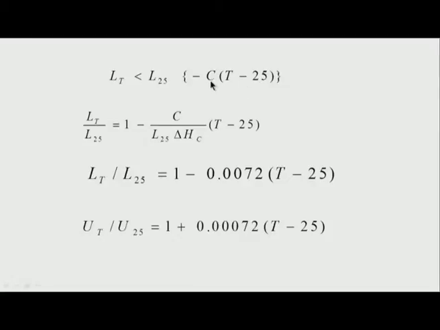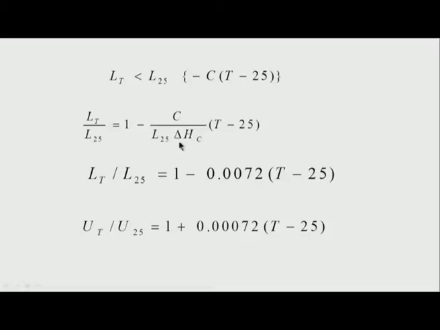C is the specific heat, T is greater than 25, and since more energy is liberated by the gases, the lean limit at temperature T should be less than the limit at 25 degrees centigrade. Therefore, if I have to convert it, I can say LT by L25 should be equal to, or LT is equal to L25 minus some particular value corresponding to this.